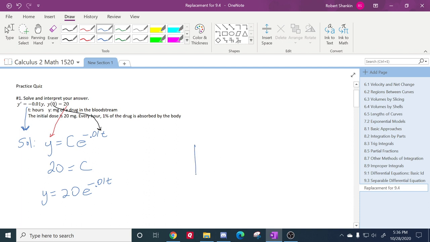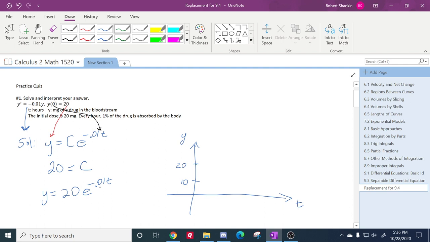Now, we should get familiar also with, when you're interpreting this, it's helpful to see it. If this was 10, this is 20. So this is the time t. This is the amount of drug in the bloodstream. And when t is 0, this is going to start at 20. So it's going to start here.